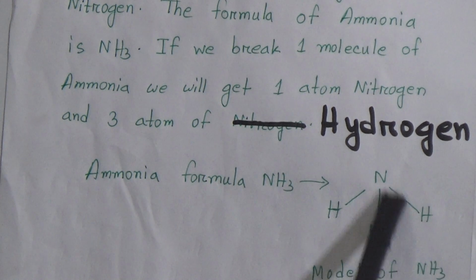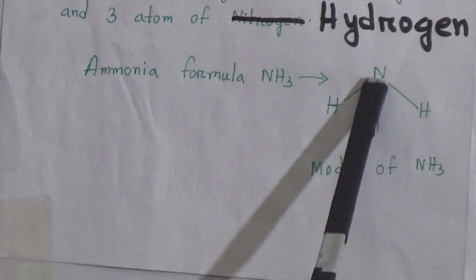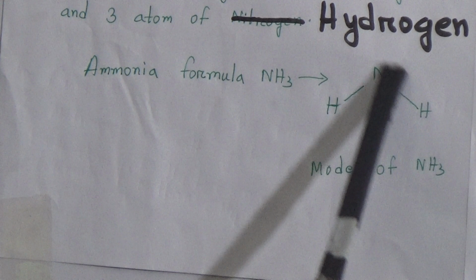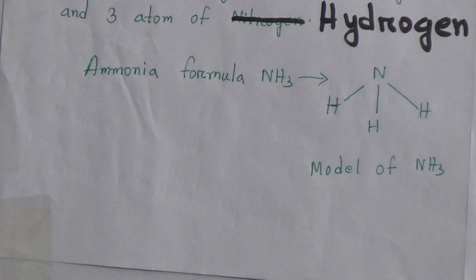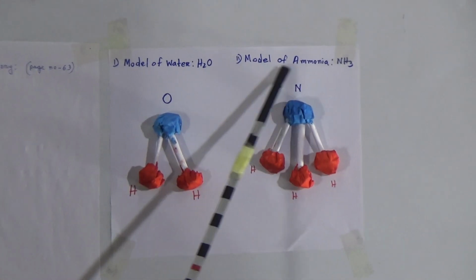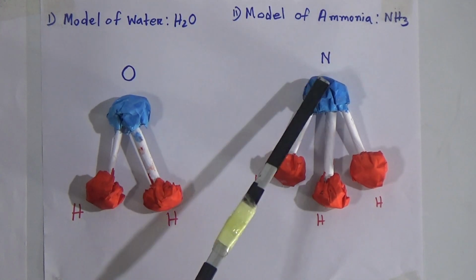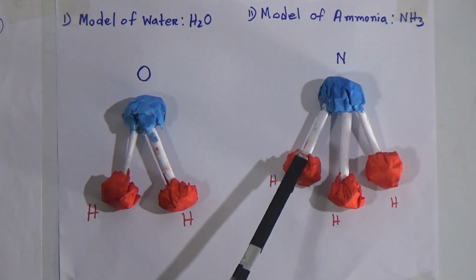Here the model of ammonia is N, and with this 1 atom of nitrogen, 3 hydrogen atoms are joined. Now look, I have made a model of ammonia here. Look at this model: 1 nitrogen joined with 3 hydrogen atoms, 1, 2, 3.